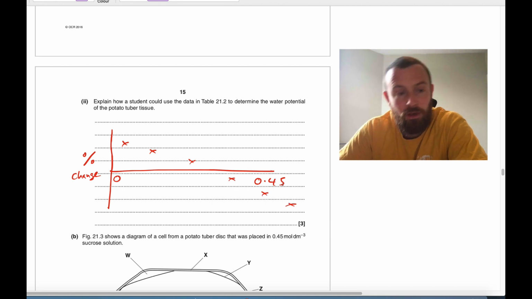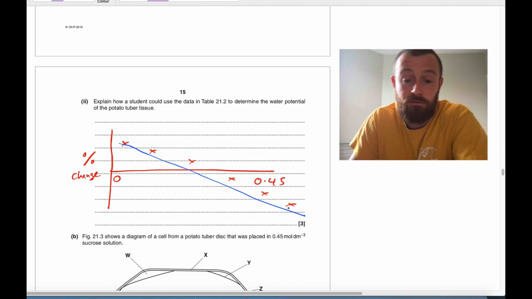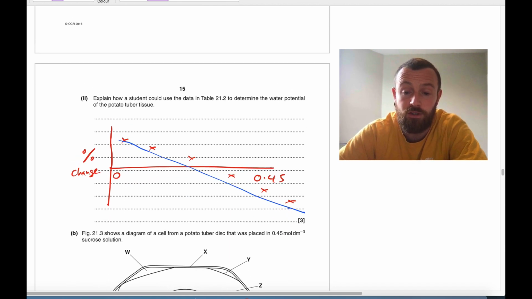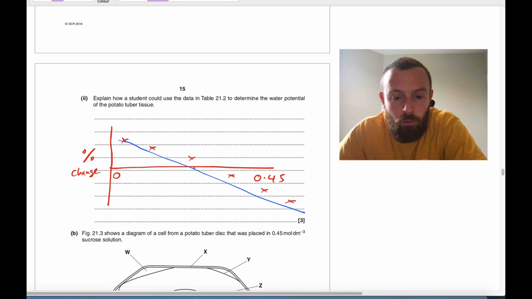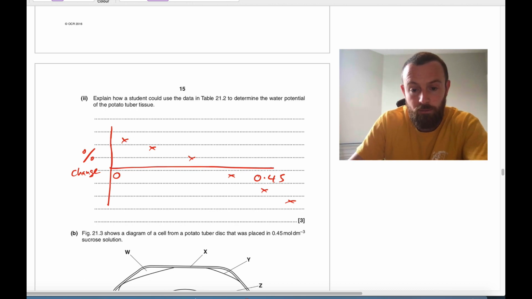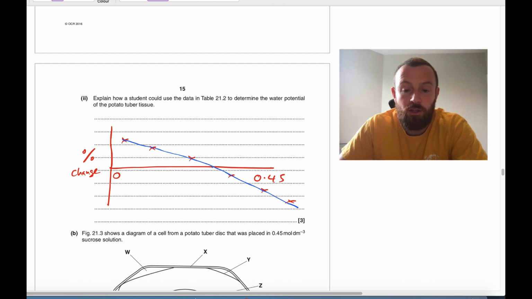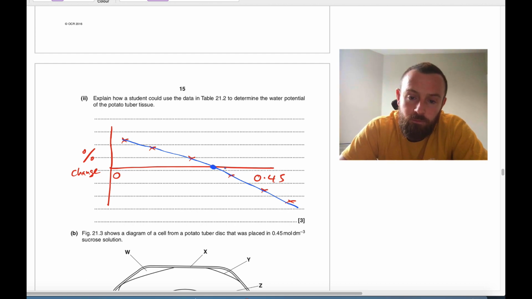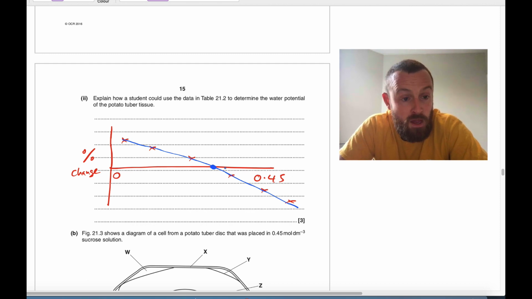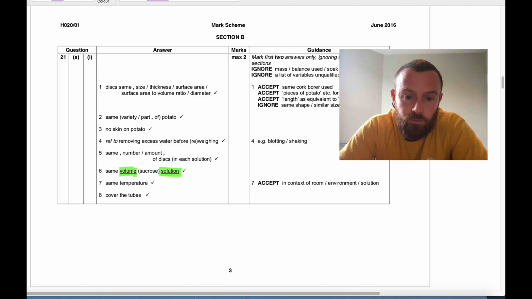And they're going to look a bit like this, and then you draw a line of best fit like that. Whoops, that's not a good line of best fit, but you see what I'm trying to draw. And it's the point at which the line of best fit crosses over. I've got to get rid of that line of best fit, that's awful. Let's try that again. That's better. And it's the point at which it crosses over here that is what you would expect the water potential to be. Now let's look at the mark scheme, and you can mark your answer.